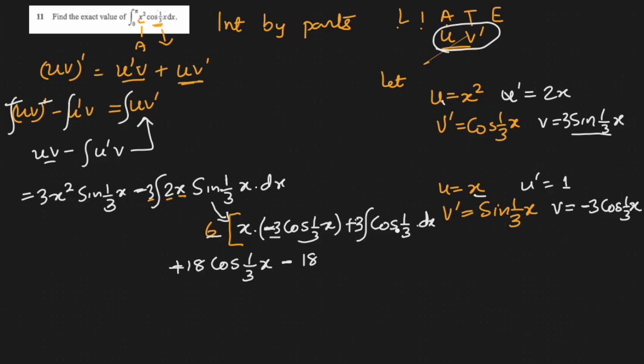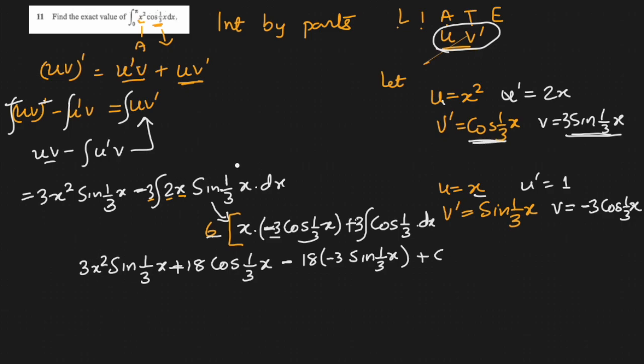So minus 18, and then integration of cos 1 over 3, we did it where? Here. It is minus 3. So minus 3 sine 1 over 3x plus c. And before that we had this 3x square sine 1 over 3x.